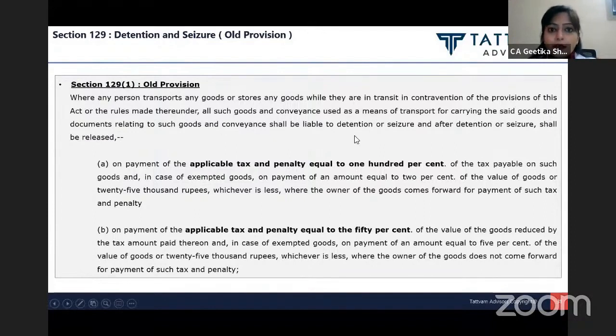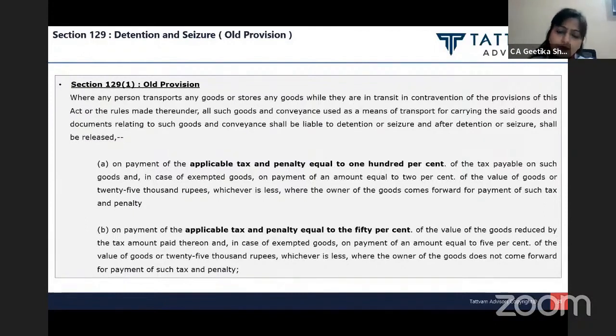So what has happened is, under the earlier provision, section 129, wherever there was any contravention of the law and any goods or conveyance was detained by the officers in transit, options were given to the taxpayers: they could pay the applicable tax on those transactions and a 100% penalty, and get the vehicle and the goods released.